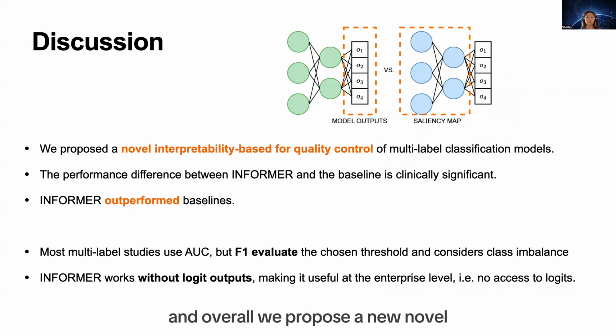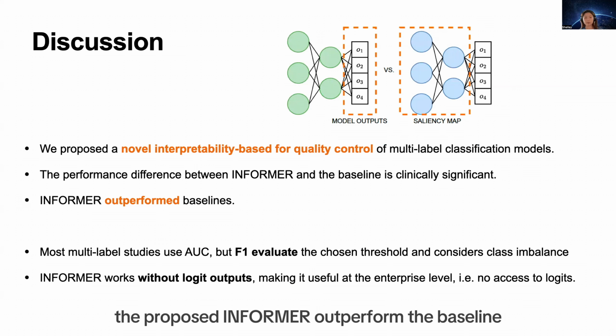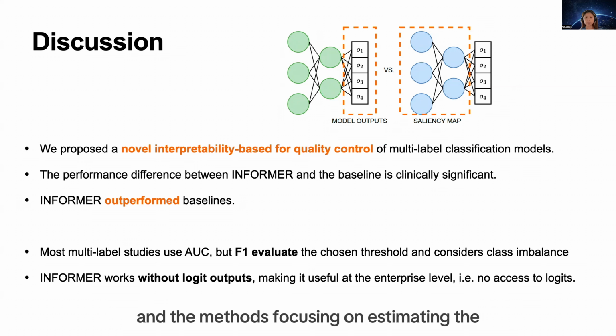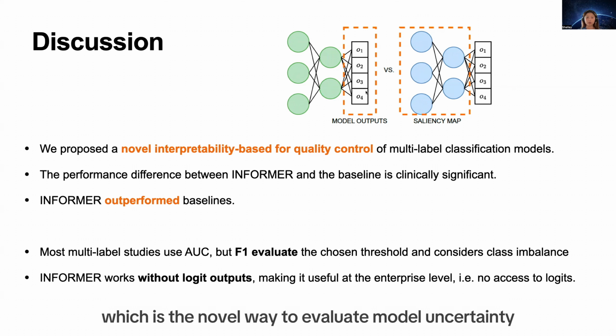And overall, in our paper we propose a novel interpretability-based quality control method for multi-label classification. The proposed Informer outperforms the baselines, and the method estimates the model uncertainty by looking at the model gradient flow instead of using the model output, which is a novel way to evaluate model uncertainty.